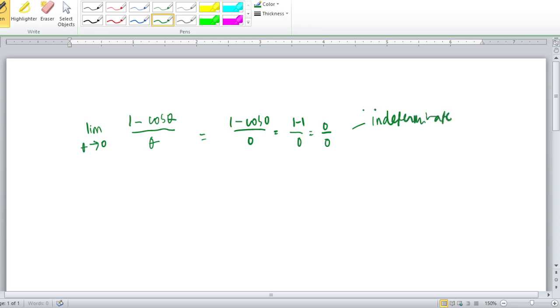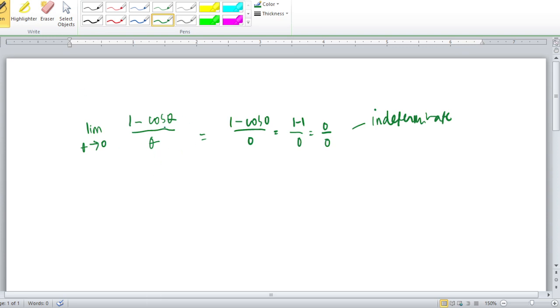So, ano yung gagawin? Based sa natutunan natin na previous na mga methods, pag naging indeterminate yung result, na it could be 0 over 0 or infinity over infinity, then you have the choice. You could do factoring or pwedeng applyin mo ng conjugate. In this case, let us apply conjugate kasi hindi natin factor to, class.